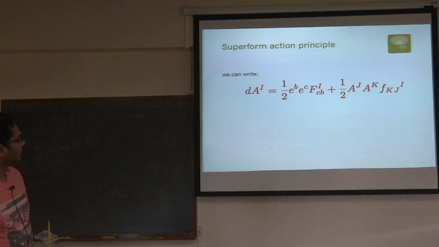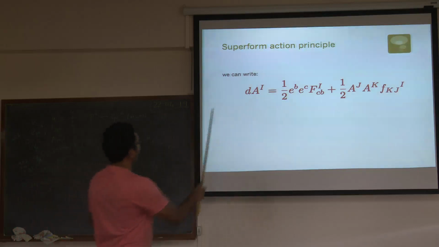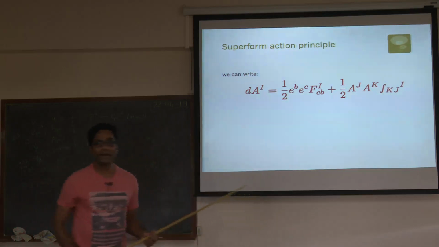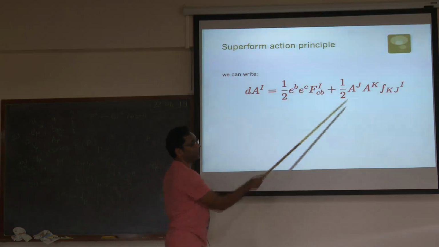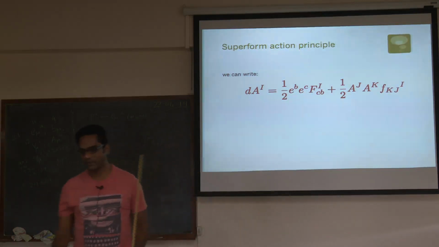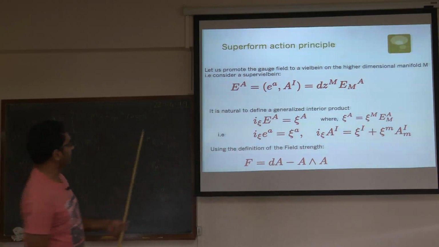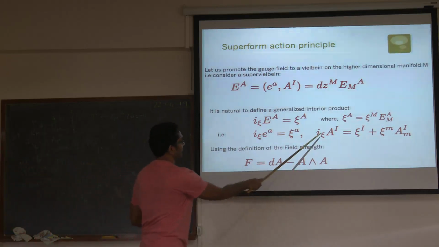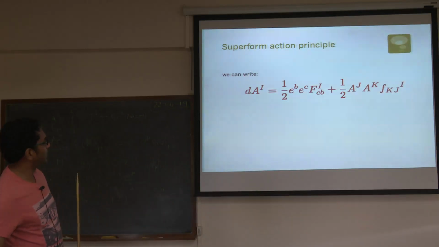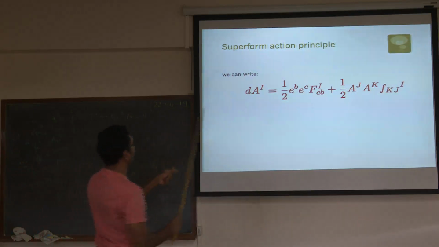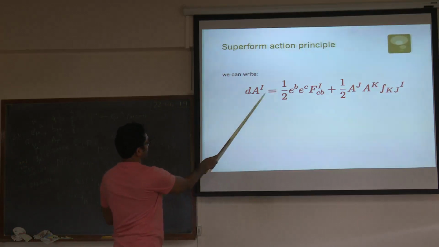So you can easily check that once you have this dA^I and you know the interior products of these vielbeins from the previous slide, these are the interior products of e^a and the interior products of A^I. If you just put in the interior product, then you can calculate the interior product of dA^I.